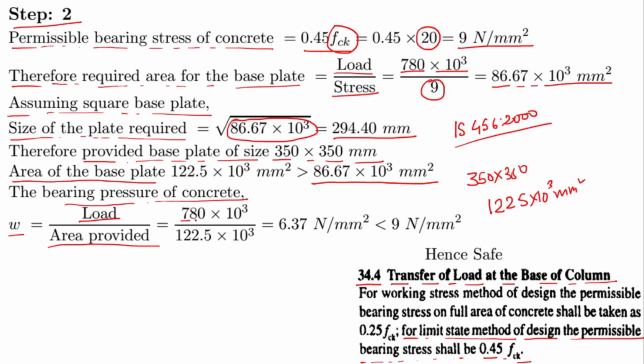The load is 780 into 10 cube and provided area is 122.5 into 10 cube mm square. So small w is calculated as 6.37 Newton per mm square, and it is less than the permissible bearing stress of concrete. Hence our design for the base plate is safe.